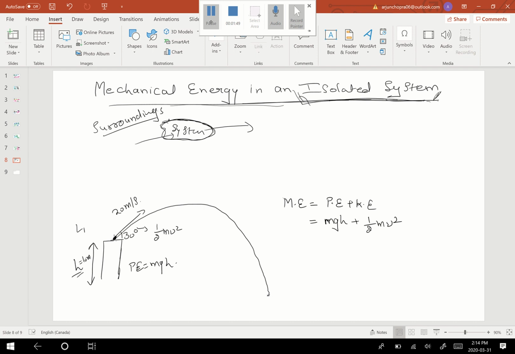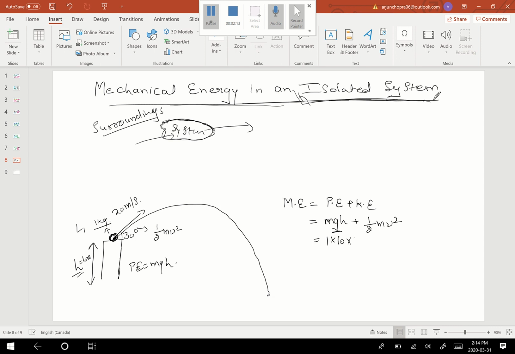Let's say this projectile is a ball, and the mass of that ball is, I'm gonna assume 1 kg, just to make my calculations a little easier. So 1 times, I'm gonna assume g value as 10 rather than taking 9.81. I'm just assuming it as 10. Again, the idea is to make the calculation a little easier.